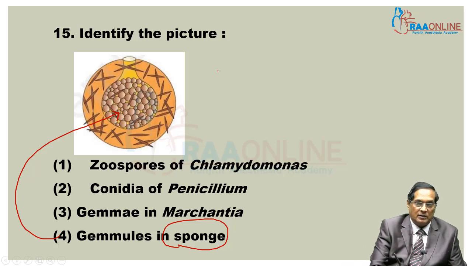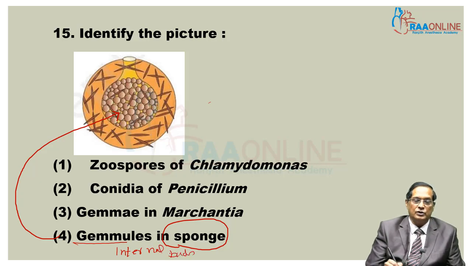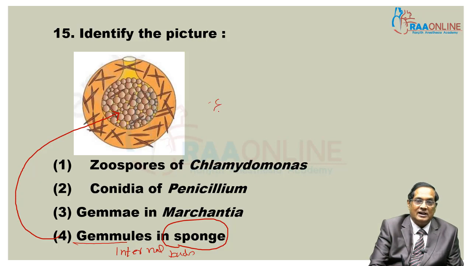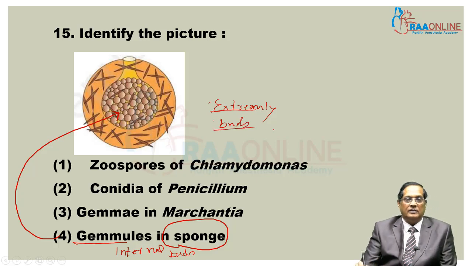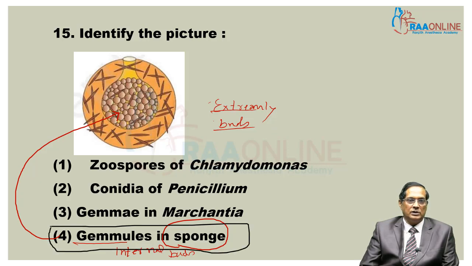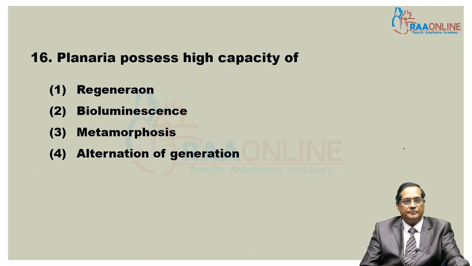These are called gemmules. Gemmules are actually internal buds produced by the sponge, and they are extremely resistant, like the spores of bacteria. This picture shows reproduction by means of gemmules, and the answer is sponge.